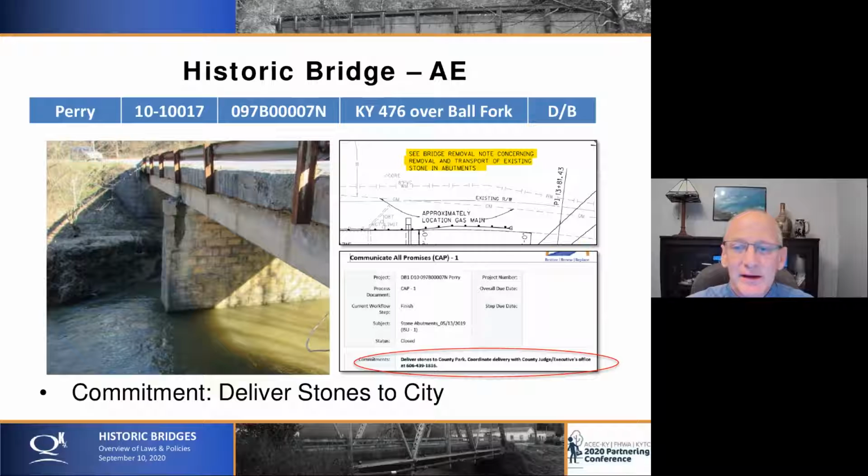So it's a great idea. So we ended up losing the bridge. We have an adverse effect, but through the all possible planning to minimize harm goals, we were able to keep and at least tip our hat and recognize the cool stones and the hard work that was put into these, and still make them part of the local community down in Perry County.